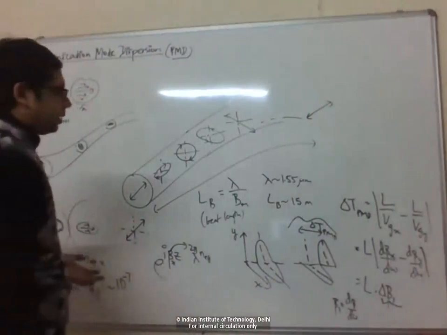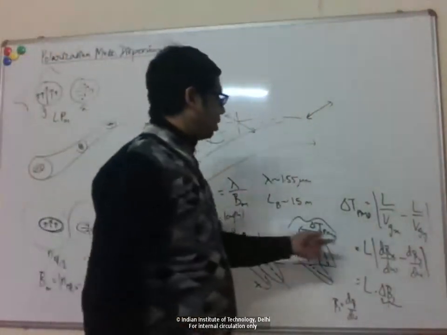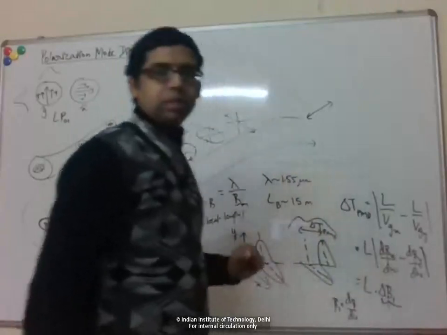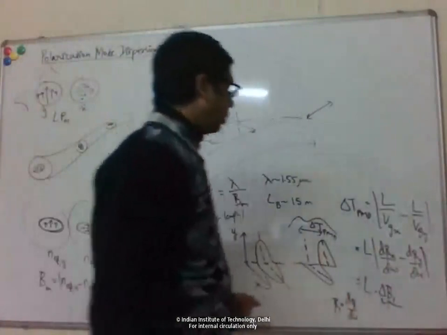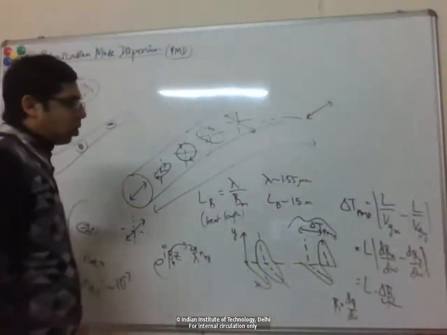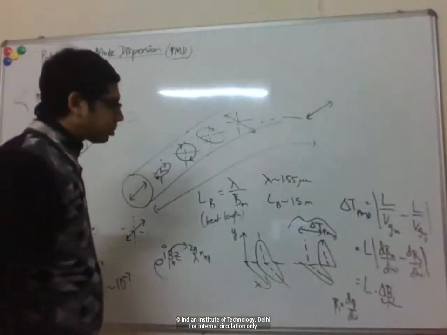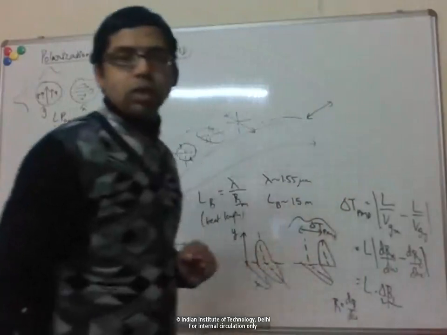Right, so again, for a constant birefringence, you can calculate what these numbers are, and then calculate what the broadening is. But again, for a long haul system, this delta beta is also not constant along the length, right?